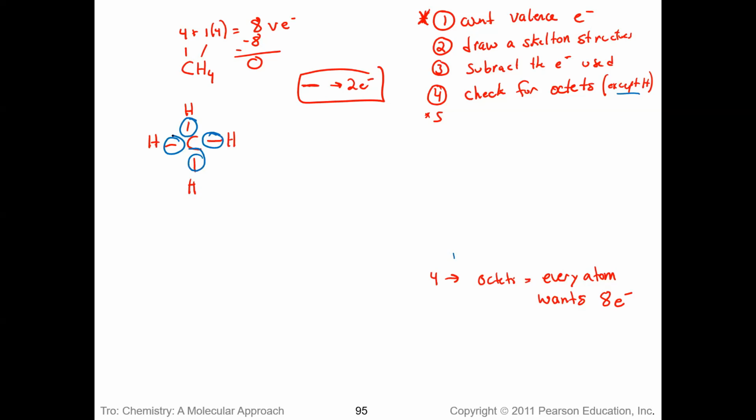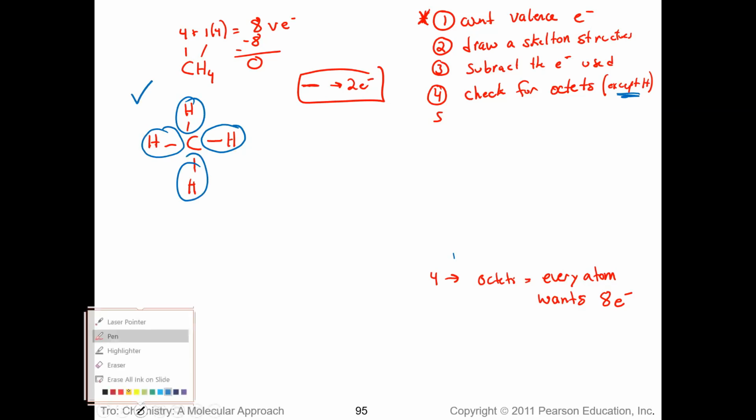Carbon has 8 valence electrons, so carbon, we have checked. If they don't have 8, we'll talk about what happens. And hydrogen only wants 2, because hydrogen is full, and each of these has 2. So this means our structure is good.